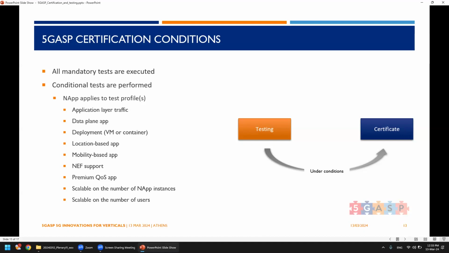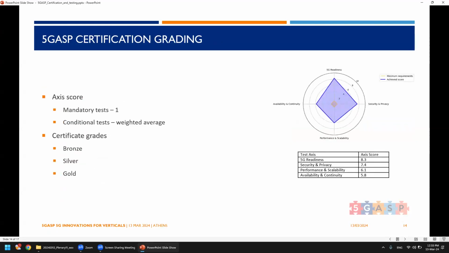to the certificate awarding. Going towards the certificate itself, the certification process offers a grading. So each axis will have a score. The score comprises of mandatory, again, and the combination of mandatory and conditional tests. And if all the mandatory tests per axis are successful, then one axis score is being awarded.